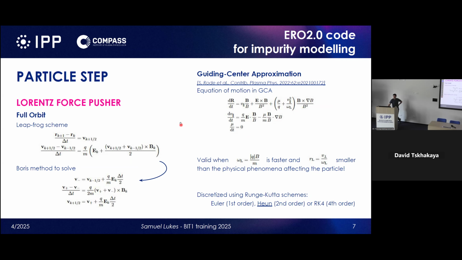But also, recently there has been added this guiding center approximation, which is, of course, a much faster way to track the particles if you track only the particle via its gyro center and then the corresponding drifts. But of course, you need to keep in mind that it doesn't work everywhere, because there's the limit for the gyro rotation. And this scheme is then discretized via some Runge-Kutta schemes.